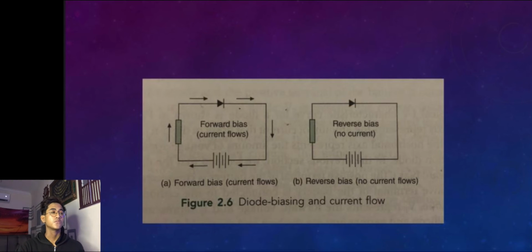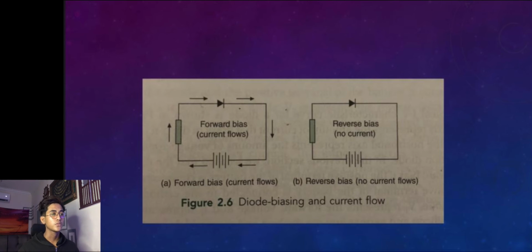Figure 2.6 shows a battery and resistor connected in series with a semiconductor diode. If the negative battery terminal is connected to the cathode and the positive terminal is connected to the anode, the diode is in forward bias condition, and the diode thus acts as a closed switch.